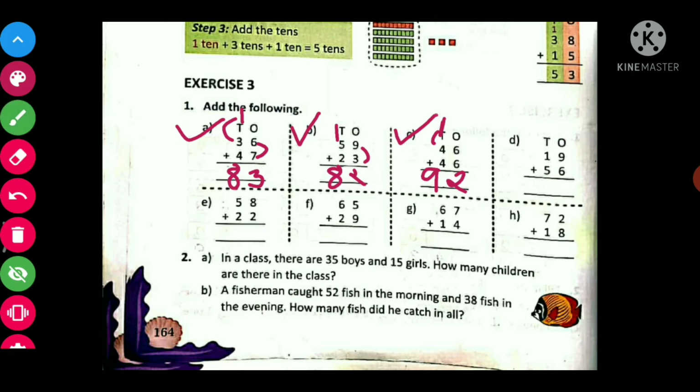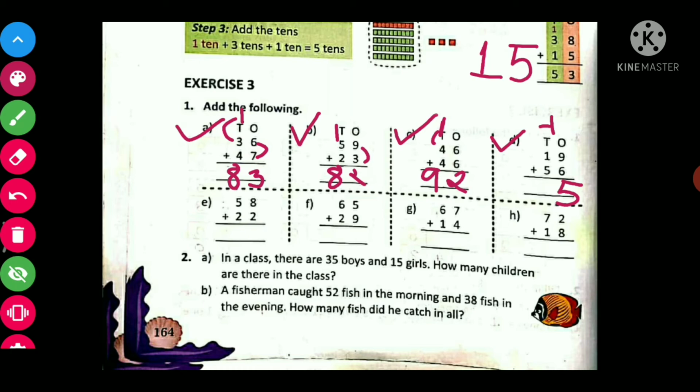Now see D part. So 9 plus 6, it will be how much? 15. Right? So we'll write 5 here and we'll give 1 to the tens place. Now in tens place, 3 numbers are there: 1, 1, 5.